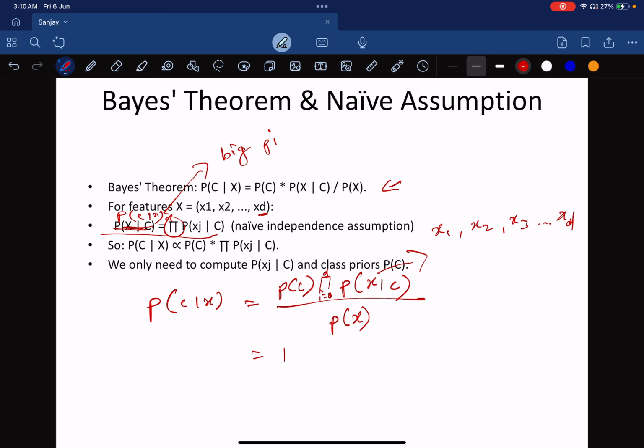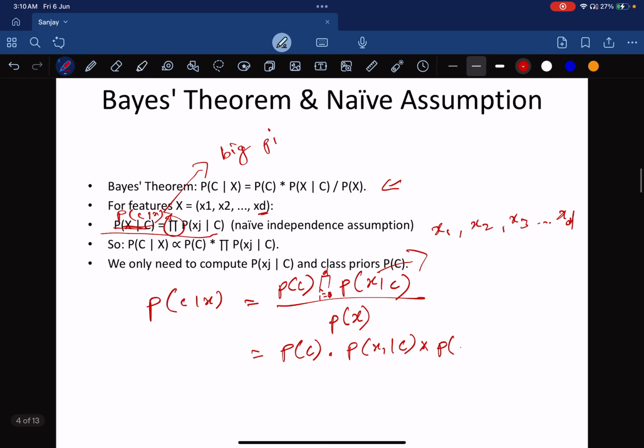If I expand this, P of C into P of x1 given C into P of x2 given C up to P of xd given C, divided by P of x.